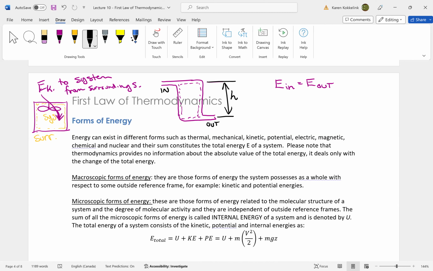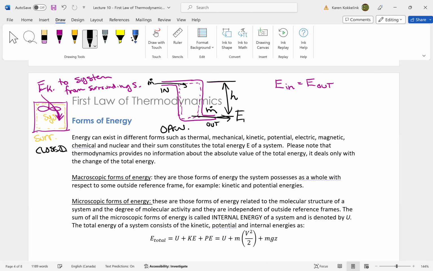In this system, I'm going to have some mass flowing in because I'm making an open system. This was a closed system. I'm just illustrating a few different types of energies that we think are obvious in these systems. Mass will flow in, mass will flow out. I don't see it going anywhere else, so it's the same mass that flows in and out. But as that mass flows through, there must be some potential energy acted upon or added to the system because of that mass going through a change in height.